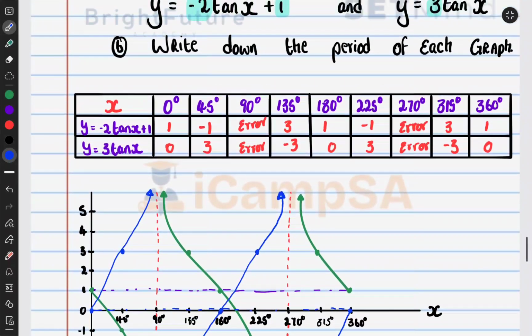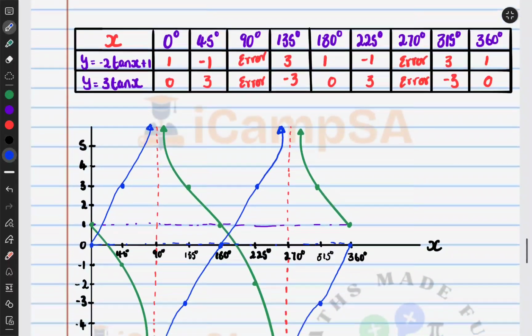So next we are asked to write down the period for each of the graphs.